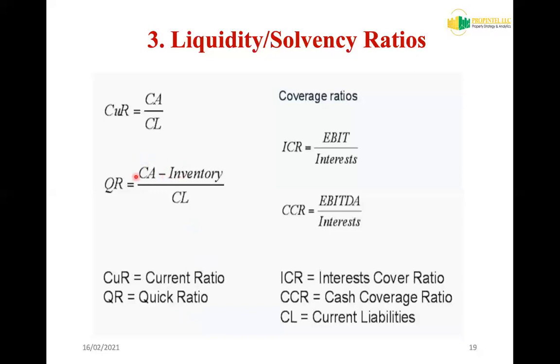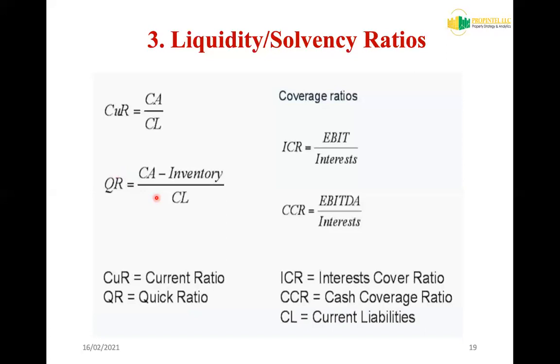So this is the current asset of the company. When you deduct its inventory, which is the goods or services it trades in, and divide the result by the current liabilities of the company, you arrive at the asset test or the quick ratio.